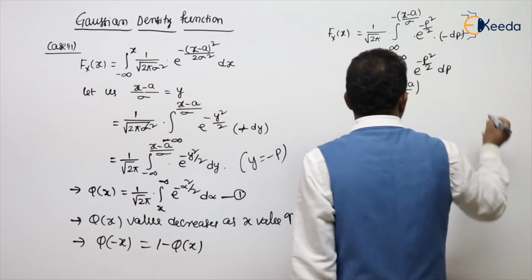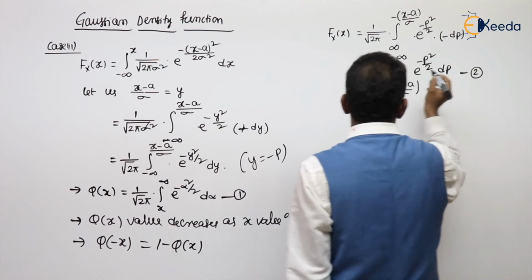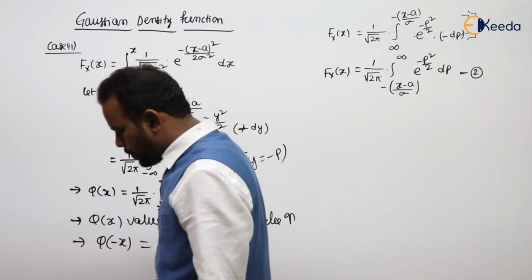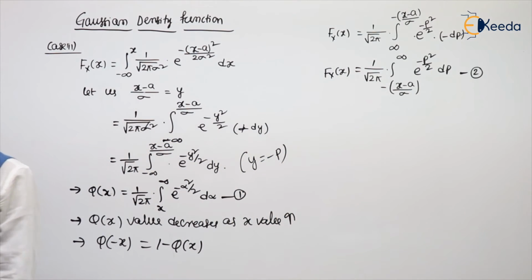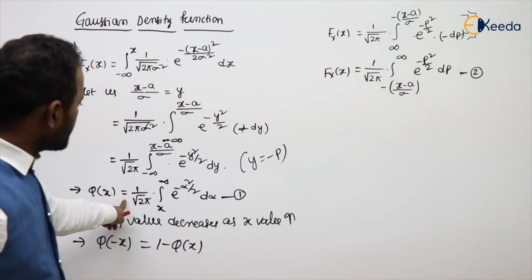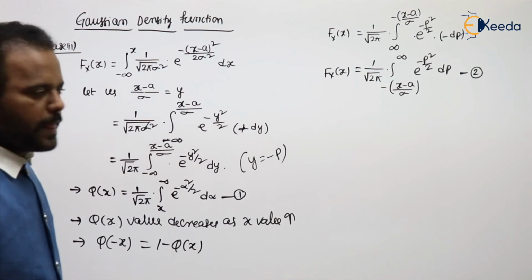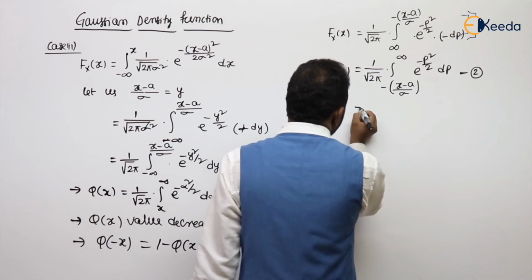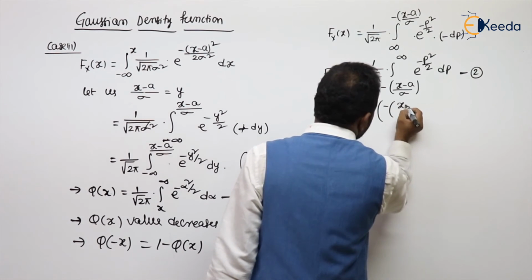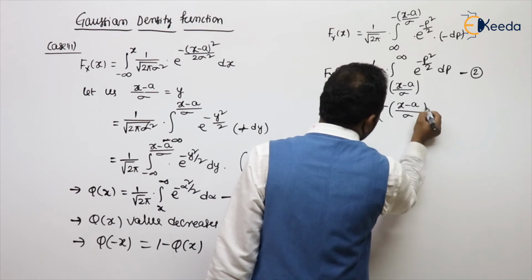This is expression number 2. This is F_X(x). Try to compare expression number 1 and expression number 2. Try to compare the Q function value with F_X(x), that is the distribution function of a Gaussian function. If you compare expressions 1 and 2, students, this is nothing but the same Q function, where the Q function argument is its lower limit.